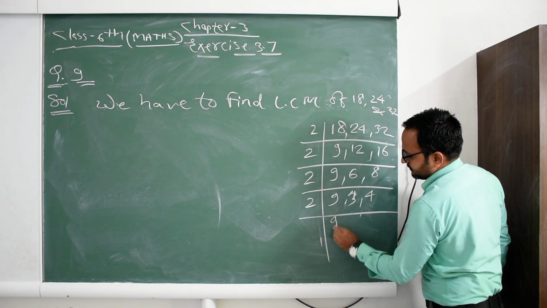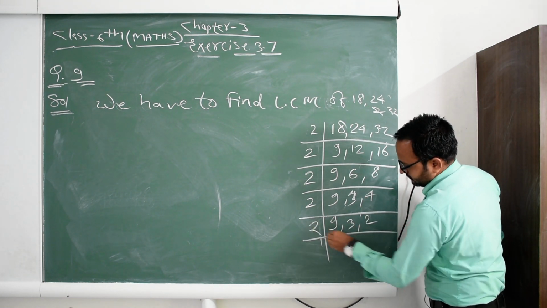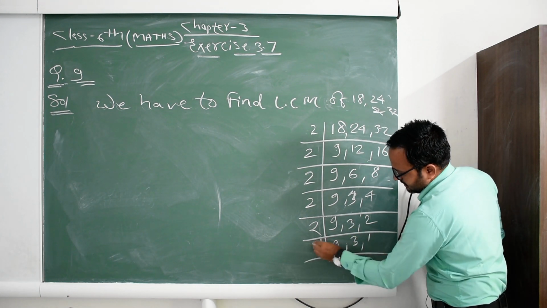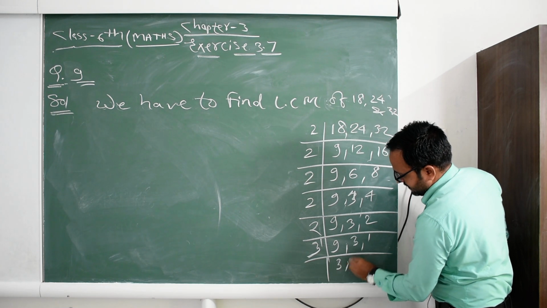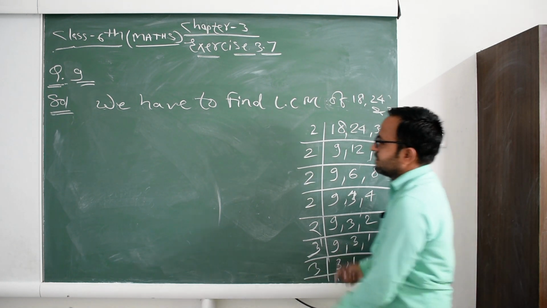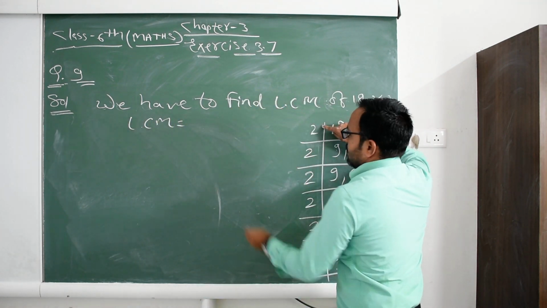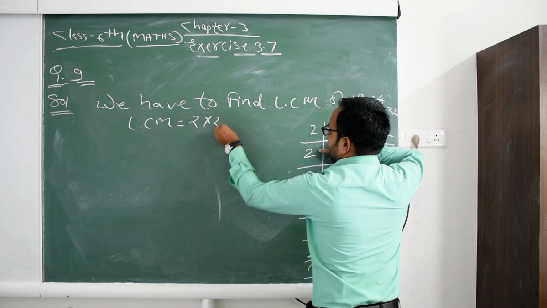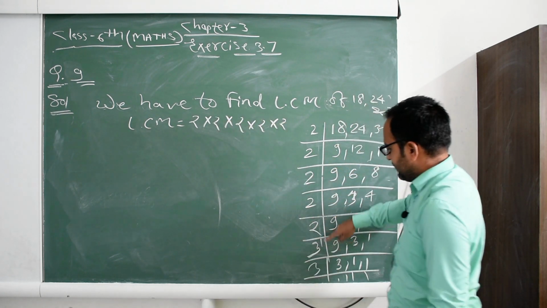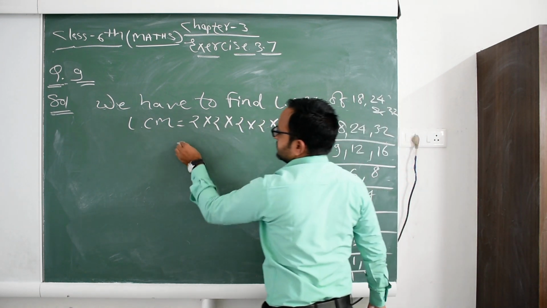Again by 2, 9, 3 and 2 2s are 4, 9, 3 and 1, 3, 3, 1. Okay, so LCM will be 2 into 2 into 2 into 2 into 2, that is 5 times 2 and 2 times 3.